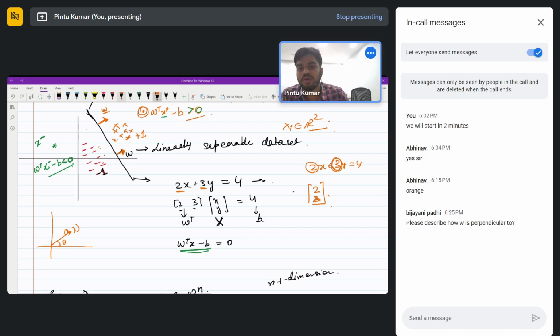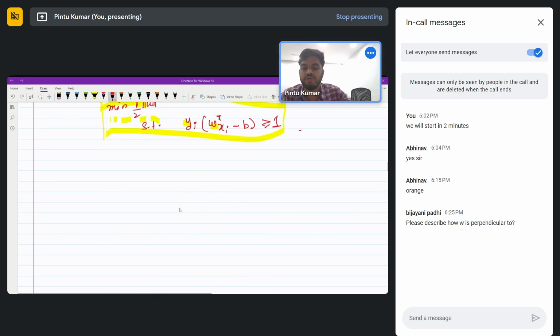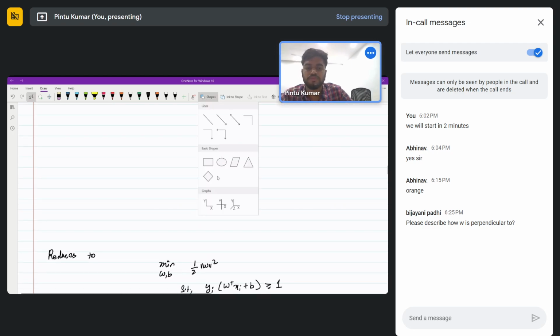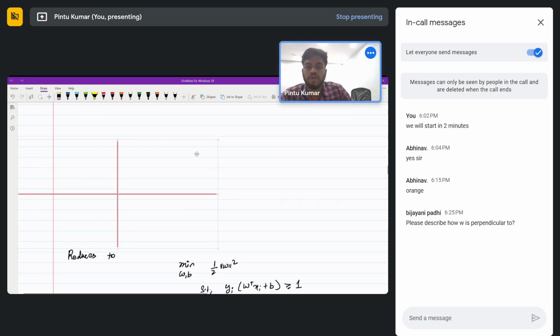I was not clear. Let me draw a fresh one. So if you want to draw some perpendicular at this point to this line, that would look something like this.